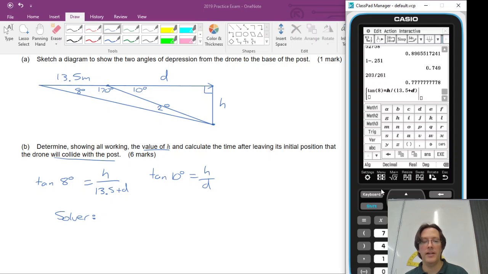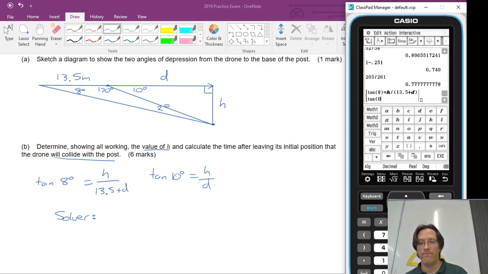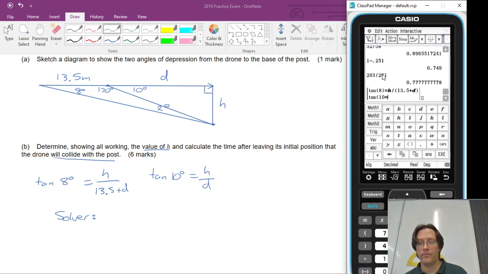I could use x and y because they're just available on the keypad there, but I'm actually going to use h and d just to make things exactly clear what I'm doing. Tan 10 equals, let's close that bracket, h divided by d. You've got to tell it what you're working with. We are working with h and d, so we put h comma d in there.